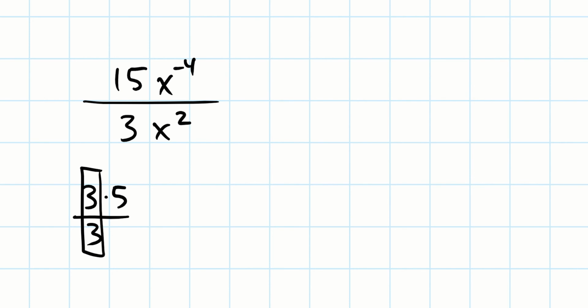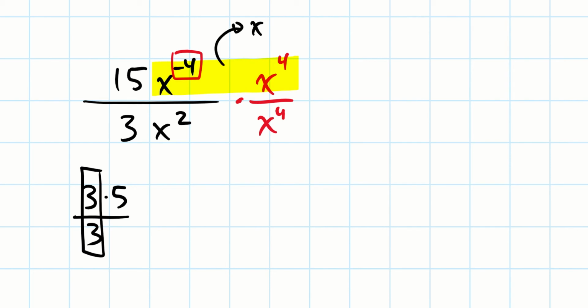And to eliminate my negative exponent, I'm going to multiply this time by x to the positive 4th over x to the 4th. I'm looking at this negative exponent, and I selected x to the 4th because I know if I multiply x to the negative 4th times x to the positive 4th, I get x to the 0 power, which equals 1.